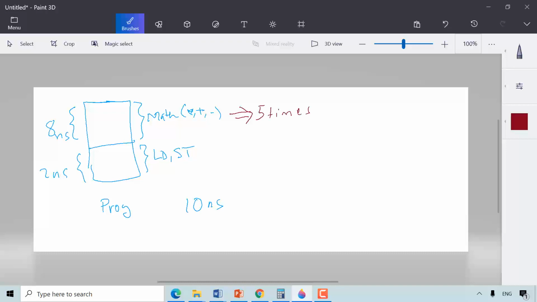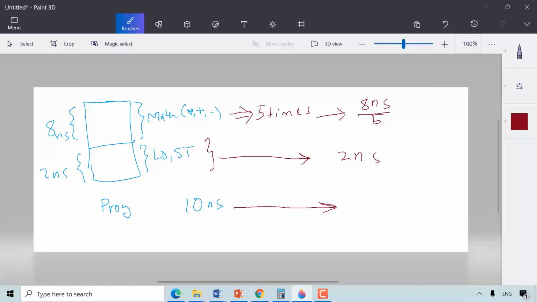So what will be the new time? What will the 10 nanoseconds be now? For a starter, we are not changing the 2 nanoseconds for load and store, so they stay the same. How about the 8 nanoseconds? They will be reduced by 5, because I am going to run it on the improved mode, which is the coprocessor.